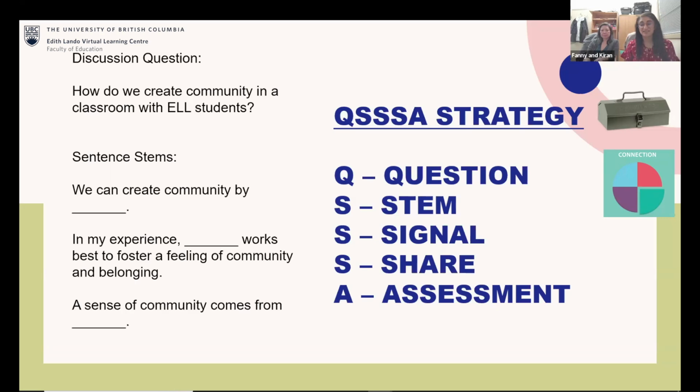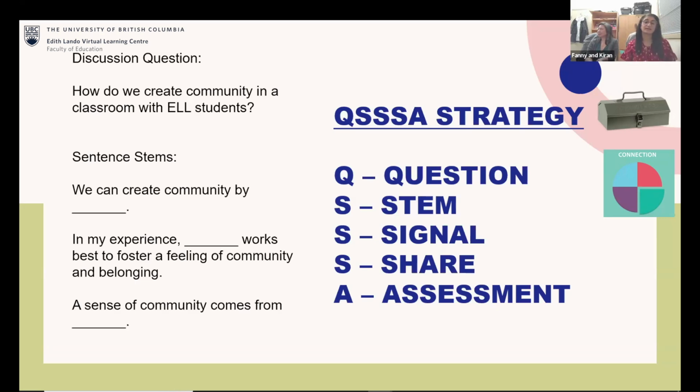So we wanted to have you engage in this strategy just to practice it for yourself. Our question to you is, how do we create community in a classroom with ELL students? The sentence stems that we're providing for you are to choose one of the following. We can create community by blank. In my experience, blank works best to foster a feeling of communication, community, and belonging.